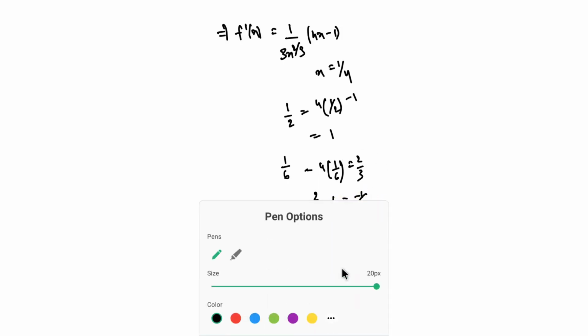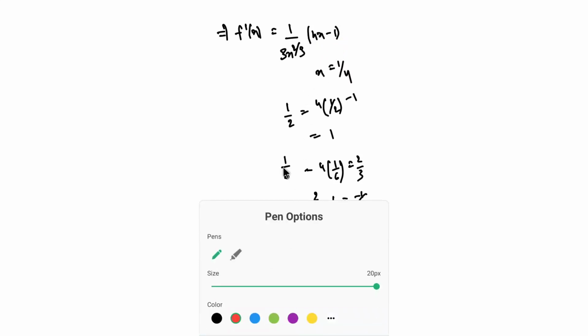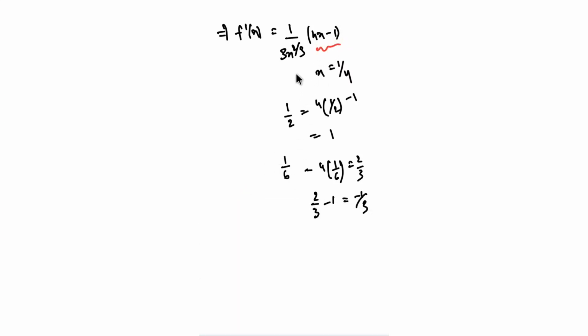So for this function, only for 4x minus 1, if I plot it, because that's the only thing I wanted to plot, since 1 by 3x power 2 by 3 is definitely not going to affect the sign, because I'm taking all the positive values, so it will definitely be positive. I only need to check for this. So if I plot that only for 4x minus 1, at x is equal to 1 by 4, it's 0.